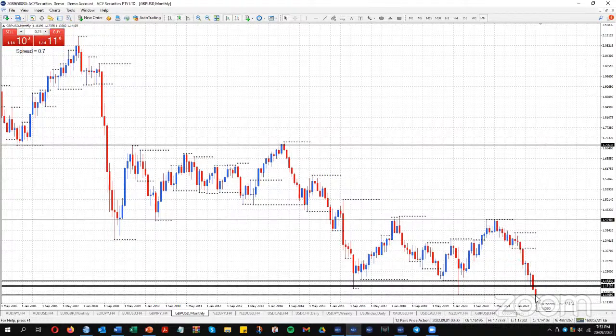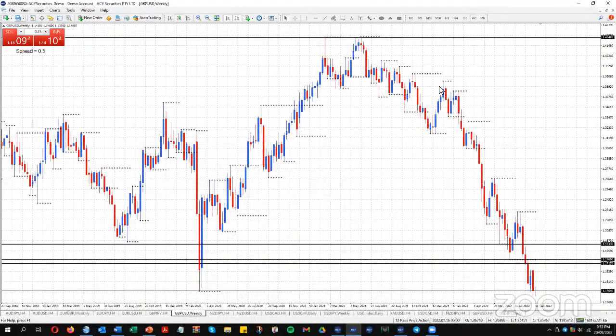Well, how do we know that monthly support won't now hold, to trade all the way back up to major resistance and stay in a long-term range? How do we know that that's not going to happen? Or, just move to my weekly chart, we're just going to simply trade back up inside the range that we've been creating for the year at the moment for a further move down next year.